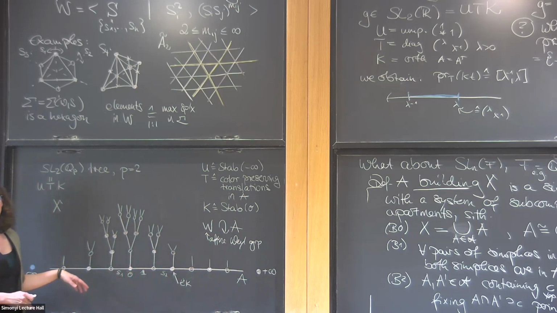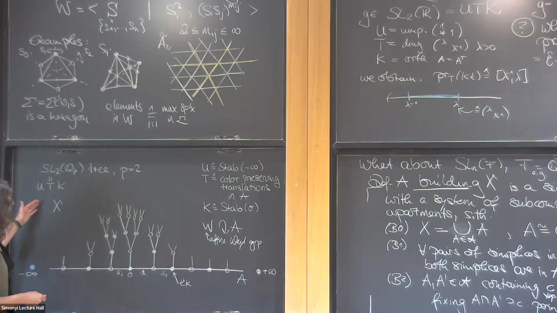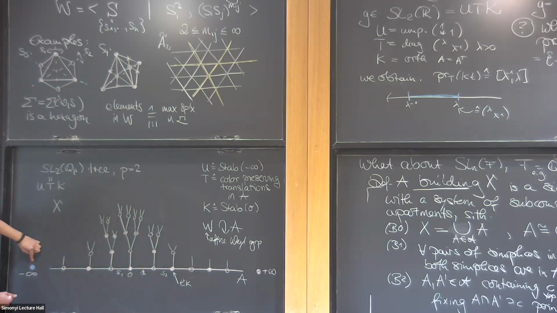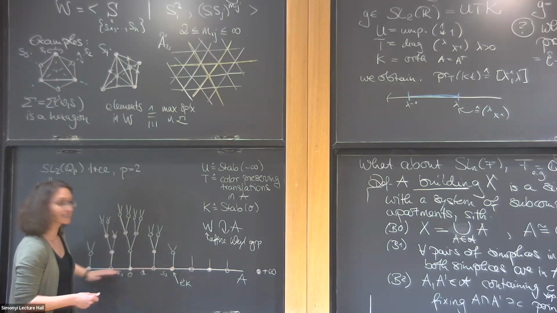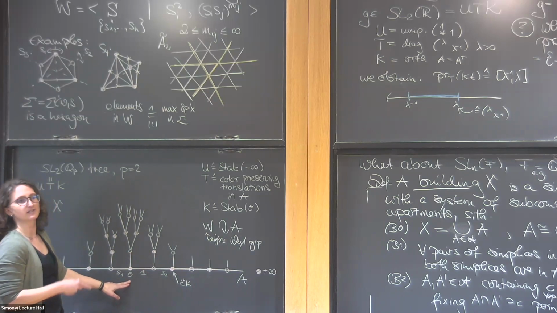And then you can make a lot of sense of a lot of algebraic things in this picture, namely for this decomposition we're looking at, U times T times K. U becomes the stabilizer of a direction at infinity, which is the equivalence class of rays pointing in that direction. T becomes the color-preserving translations in the base apartment, and K corresponds to the stabilizer of a preferred vertex, which I call the origin.